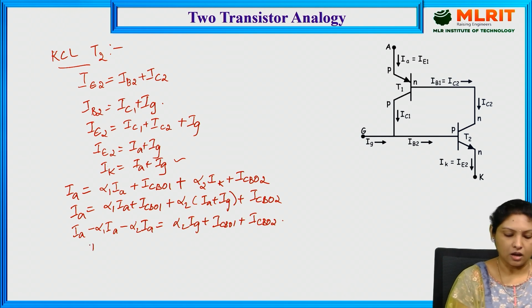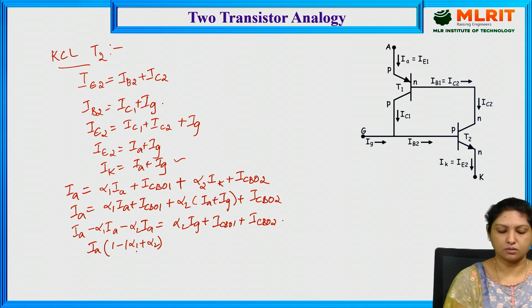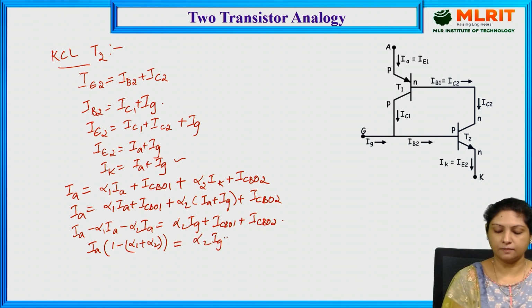Here, let me take IA common on the left hand side. In that case, I get 1 minus (alpha 1 plus alpha 2) on the left, which is equal to alpha 2 IG plus ICB01 plus ICB02.